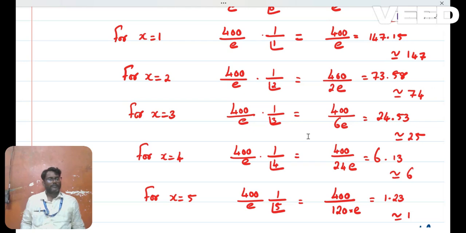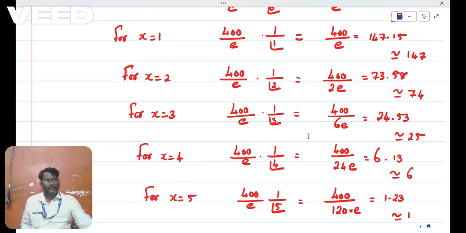The value of 3 factorial is 6, so we get 400 divided by 6e. Using the calculator, we get the value as 24.53, which can be approximated as 25, since the decimal is 0.5 or more, therefore it is approximated to 25.